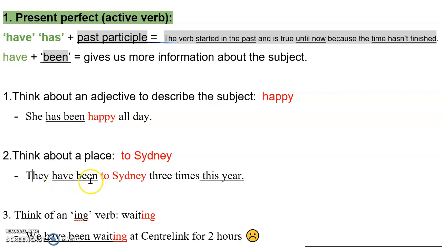They have been to Sydney 3 times this year. All right, so this is our time. The time hasn't finished yet. It's still this year, but this verb has finished, and so far, until now, they have travelled or been to Sydney 3 times.